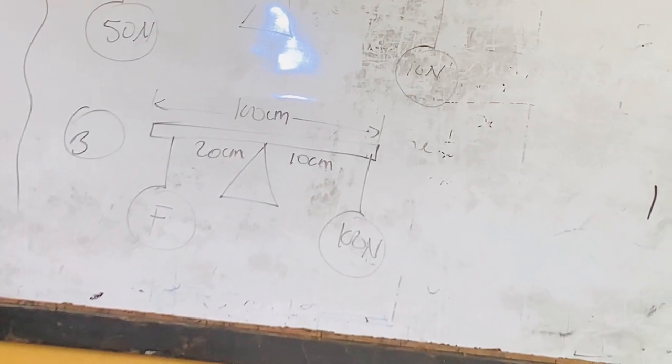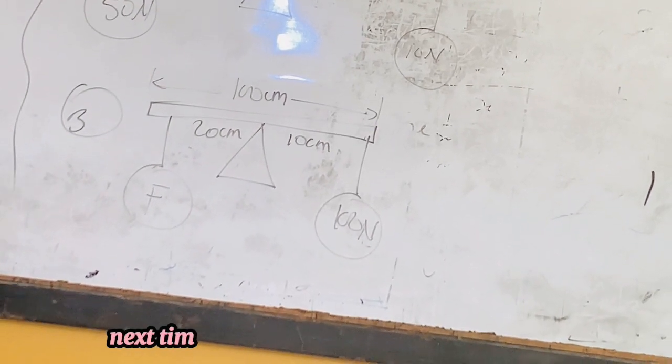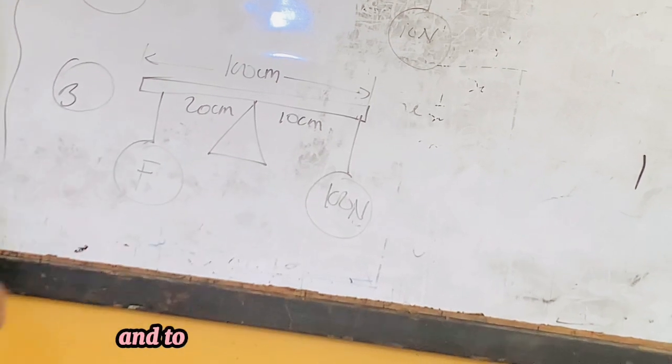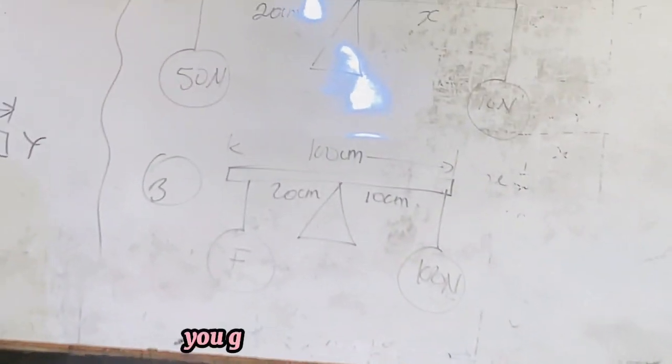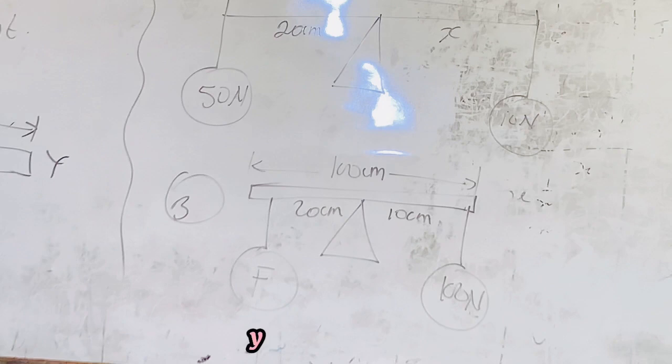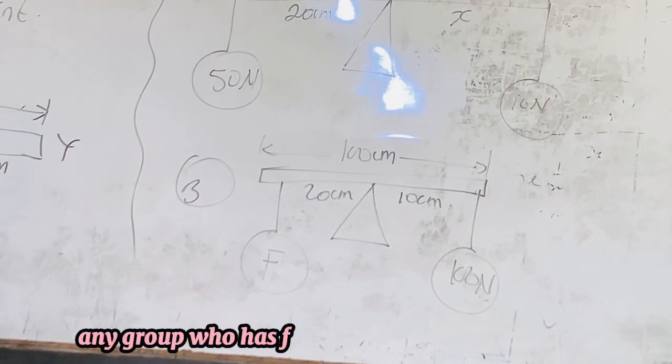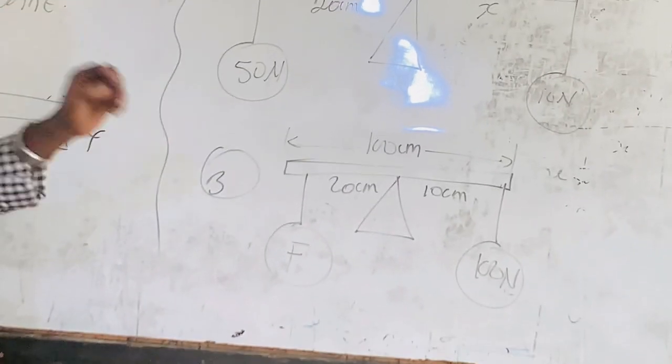Anybody? So this one you go home and do it, and tomorrow when we come to class, you give me your answer. Yes, anybody? Any group who has finished the value of x there?